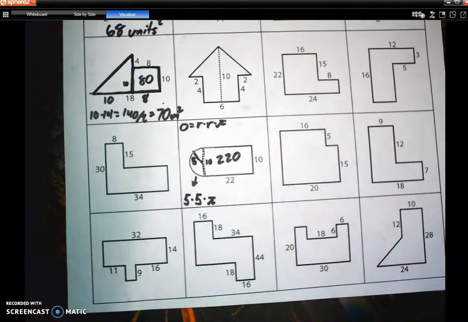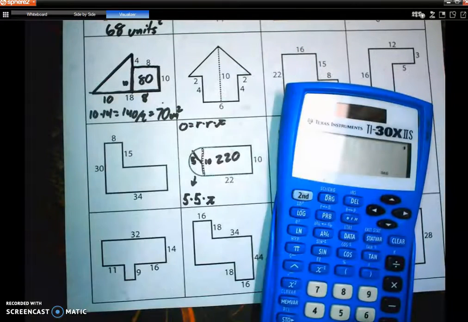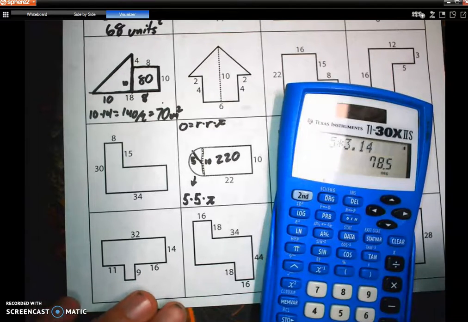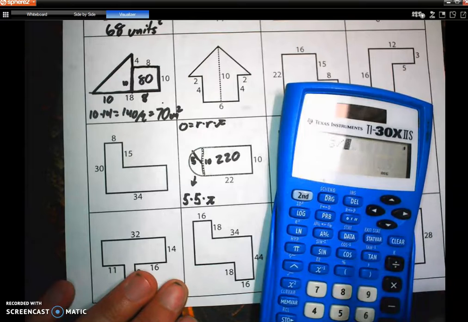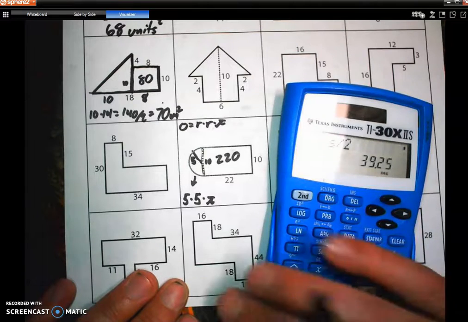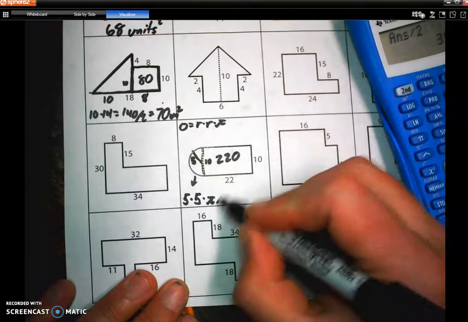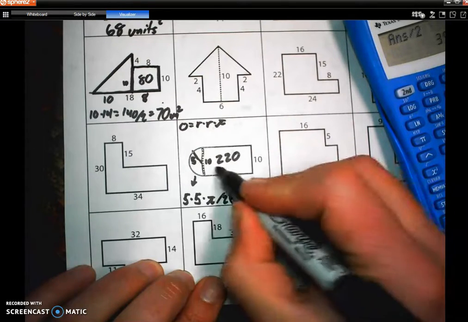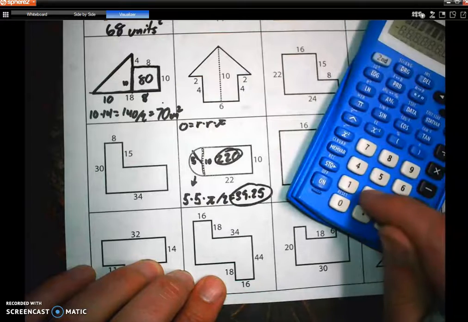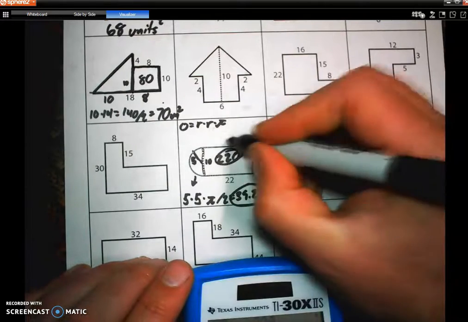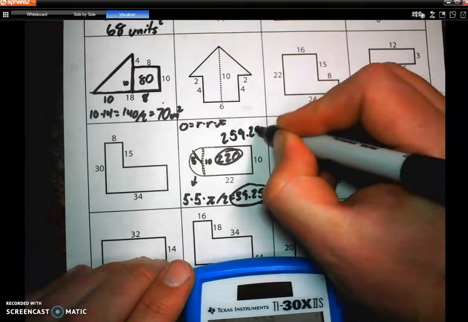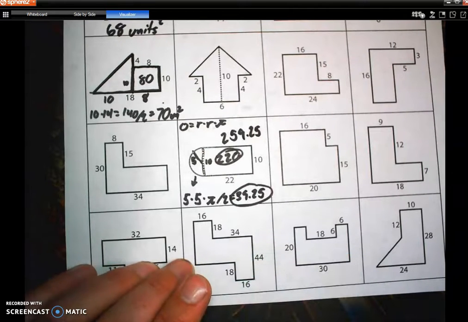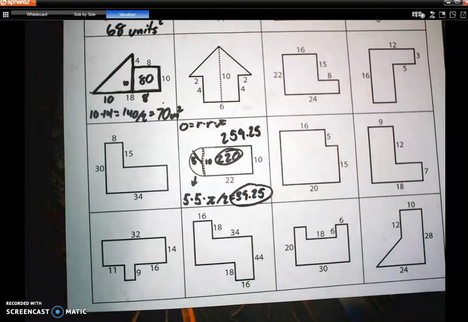Let me grab a calculator here. 5 times 5 times 3.14 is 78.5 for the whole circle. So I have to divide by 2 to find half the circle, 39.25. And now I add it up. I add this plus 220 for a total of 259.25 square units. They're a little tricky, but not hard.